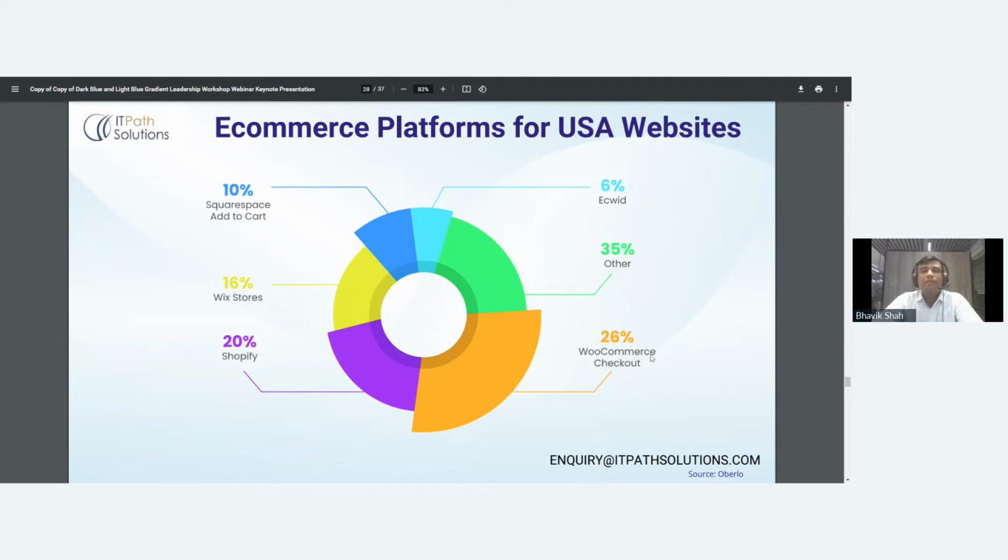In the previous slide, we discussed a few obvious reasons why WooCommerce is the winner here. 20% are occupied by Shopify, 16% Wix, 10% Squarespace, 6% Ecwid, and 35% includes all other platforms available in the market.